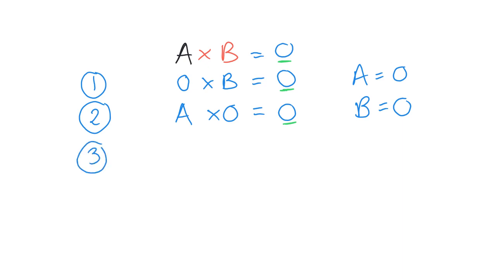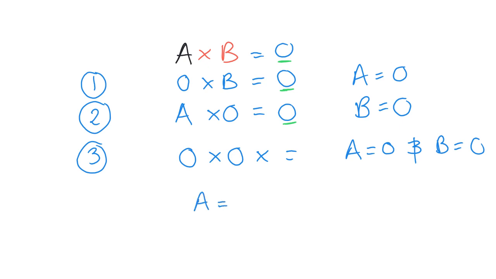There's also the possibility that they're both 0. 0 times 0 gives us 0. So A equals 0 and B equals 0. So what we actually say there is that the solutions can be found in this scenario when A equals 0 and/or B equals 0.